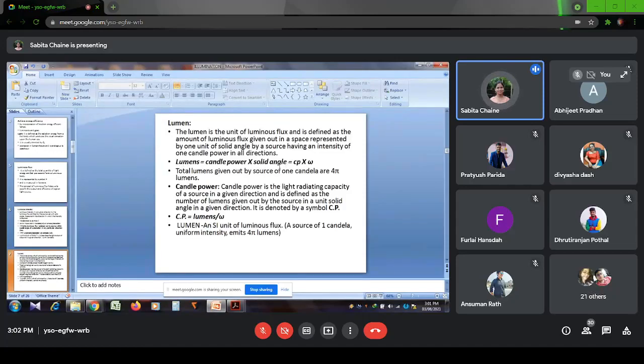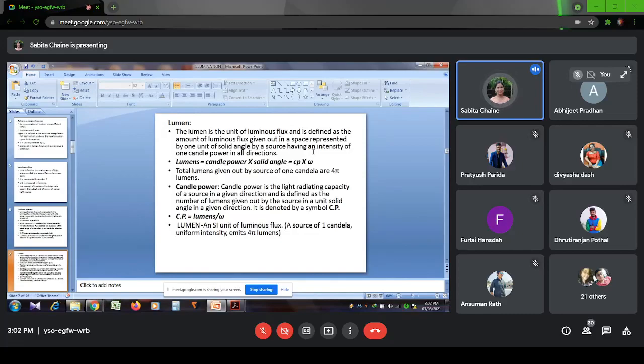So if the solid angle is 1, we can say lumen is the unit of luminous flux, defined as the amount of luminous flux given out in a space representation by using 1 unit of solid angle by a source having an intensity of 1 candela power.